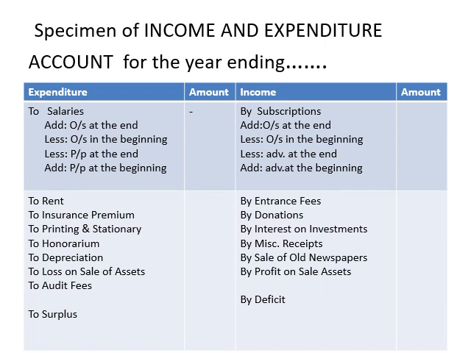If any income item has an opening and closing balance, the same formula will be used. For example, for subscription: the outstanding at the end will be added, the outstanding at the beginning will be deducted, the advance subscription at the end will be deducted, and the advance subscription at the beginning will be added.